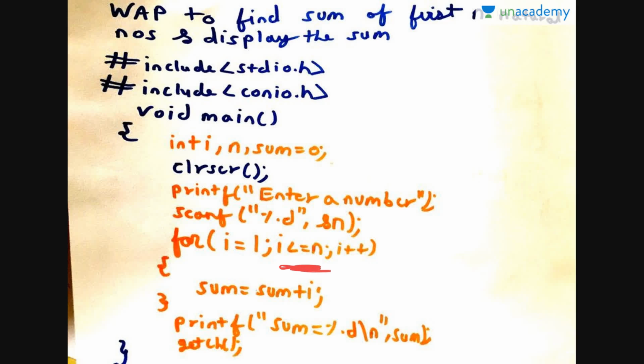The next number 2 will be added to 1, and it will store 3. Then i will get incremented to 3, and 3 plus 3 will turn to 6. Hence till n we will get the sum of all the numbers and we print it as sum is equal to %d, sum.